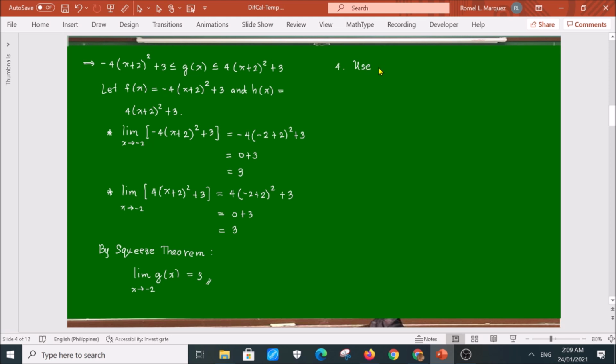Use squeeze theorem to evaluate the limit of x to the fourth times cosine of 2 over x as x approaches 0.